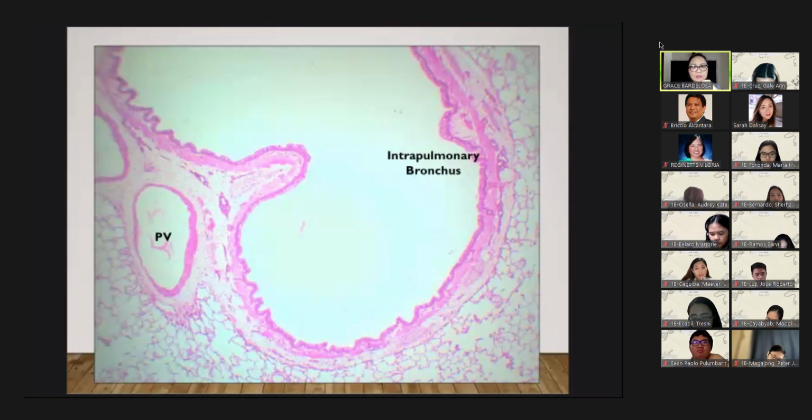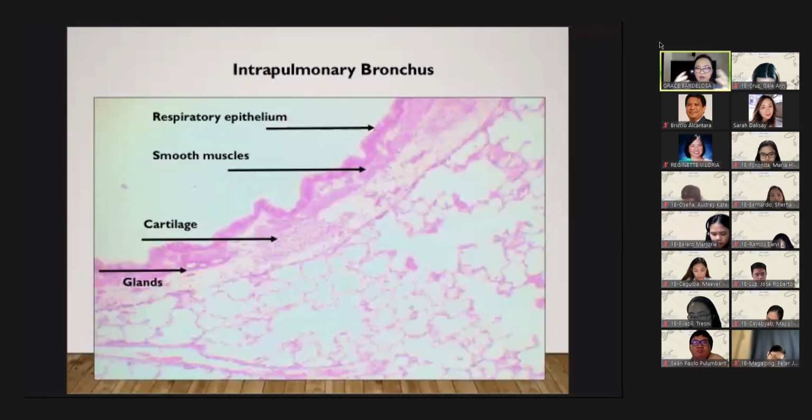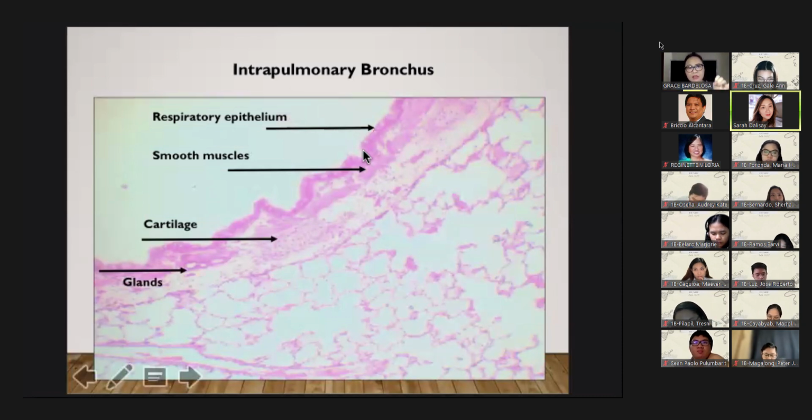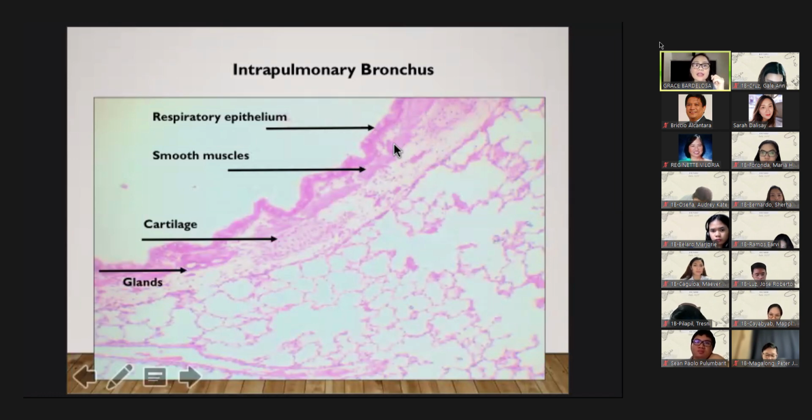Now, this next picture will just be an enlarged picture. The respiratory epithelium, do not forget, is pseudostratified columnar ciliated epithelium with the presence of these goblet cells. And in the lamina propria, we can see here smooth muscles, and we also know that the lamina propria has few thin elastic fibers.